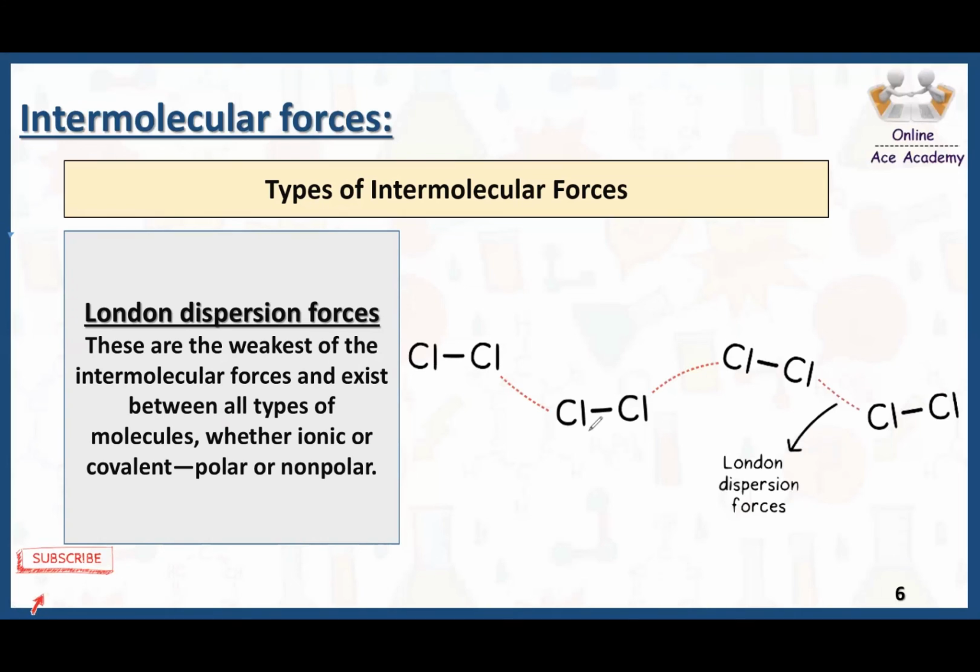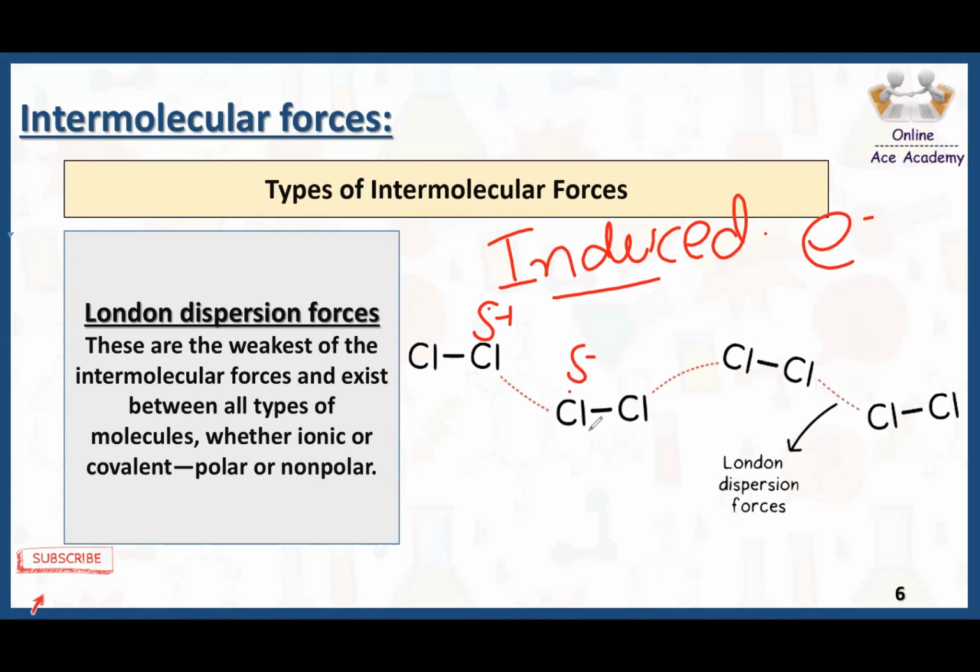Now, in this case, there is a temporary induced dipole. That temporary induced dipole is due to the distortion of electrons, and that distortion of electrons between the atoms is temporary. Due to that distortion, this chlorine will show partial positive, and this chlorine will show partial negative, and this is just for some time.